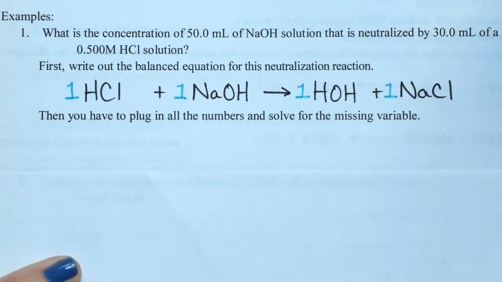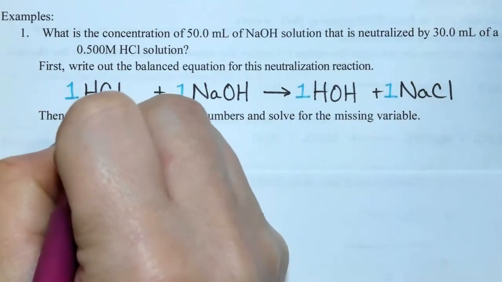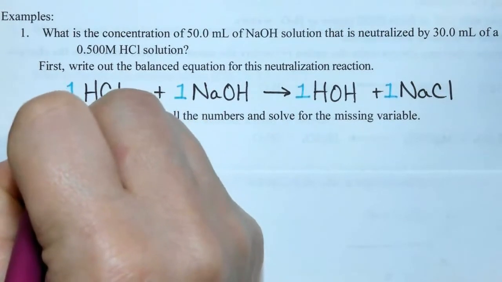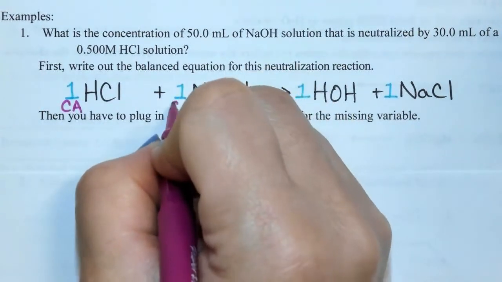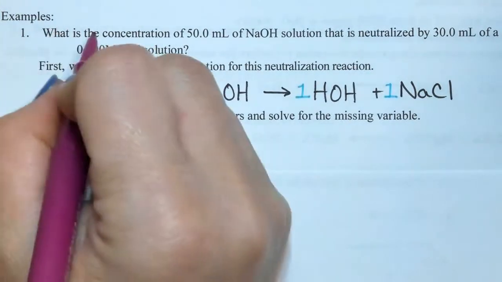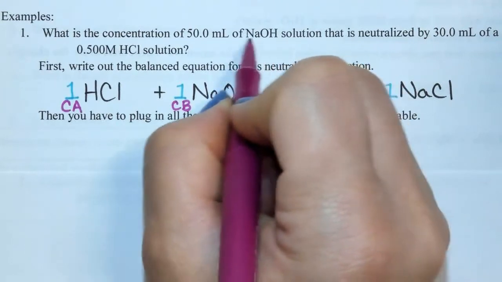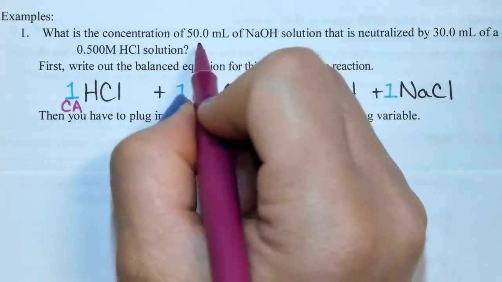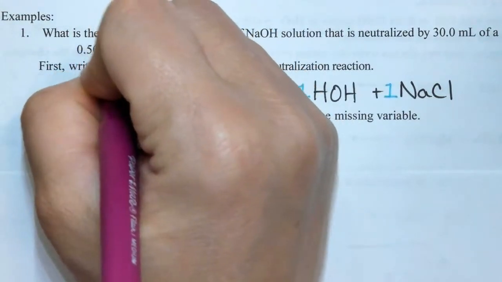So now let's identify our variables. This value here, this is the acid, and so that makes this number the coefficient of the acid. This is our base, so this number is the coefficient of our base. It says, what is the concentration of 50 milliliters of sodium hydroxide? Sodium hydroxide is our base. That makes this the volume of the base, and what they want to know is, what is the molarity of the base?